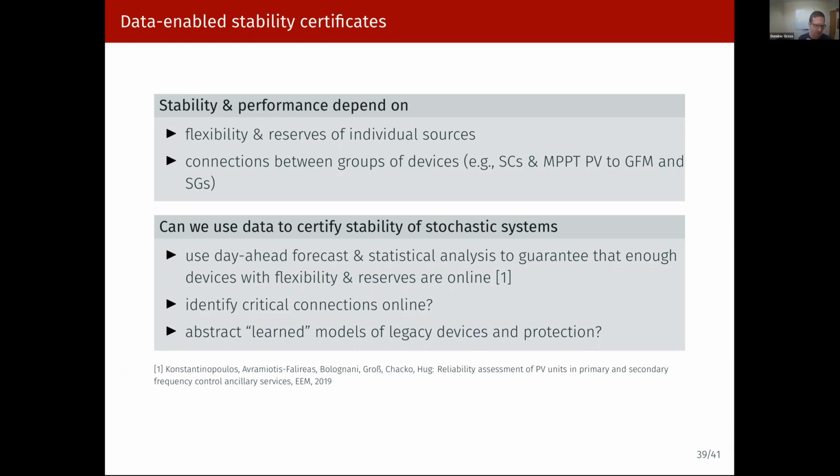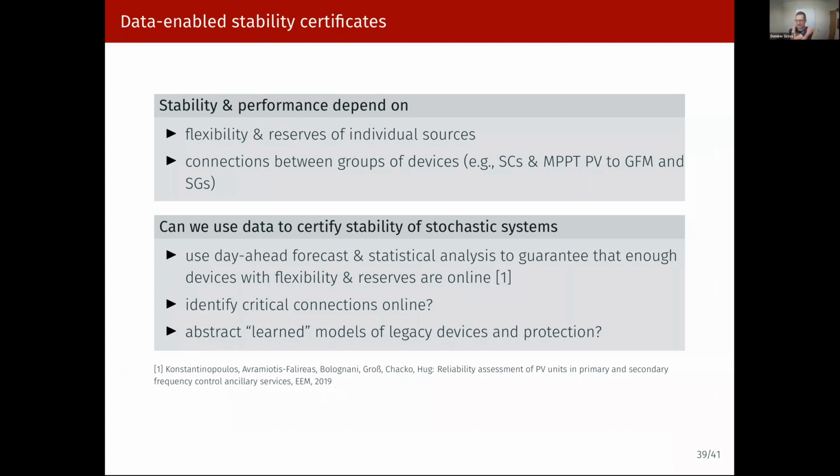So one approach would be to use the day ahead forecast and some statistical analysis to guarantee that, under the forecast error, the day ahead forecast from today guarantees that I have enough of these devices with flexibility tomorrow, and they're spread out enough throughout the system. We have done a very naive version of this a few years back, where we didn't account for the topology, because back then we didn't know that the topology factors into it. You can find that analysis in this paper here.